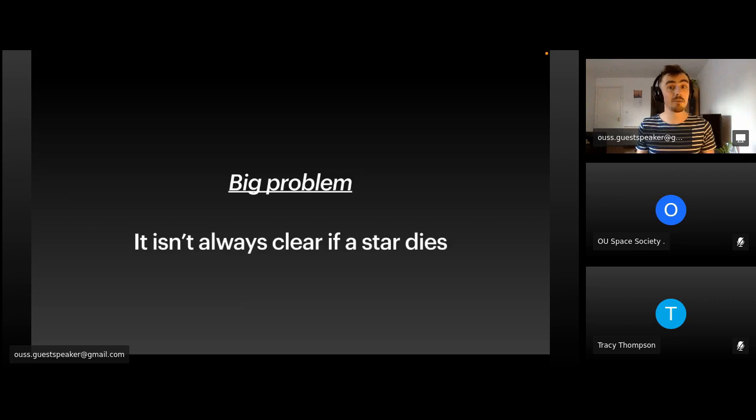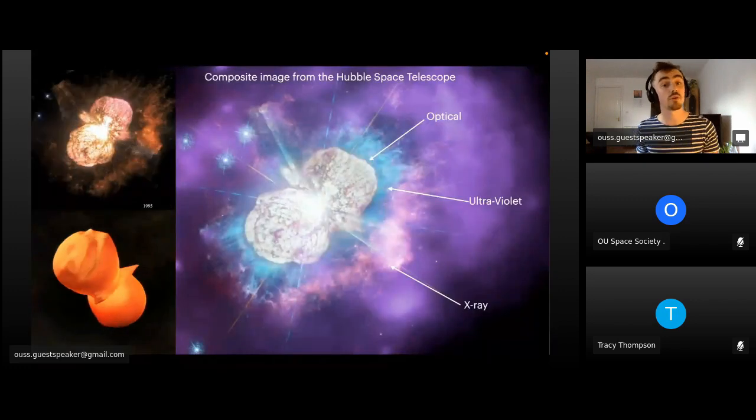And most of the time, the transients, or these explosions that we observe, are from galaxies that are too far away to actually be able to get any amazing detail. And one example of that, well, that is in our own galaxy, and that will address the main topic of conversation for this presentation, is the Eta Carina system.